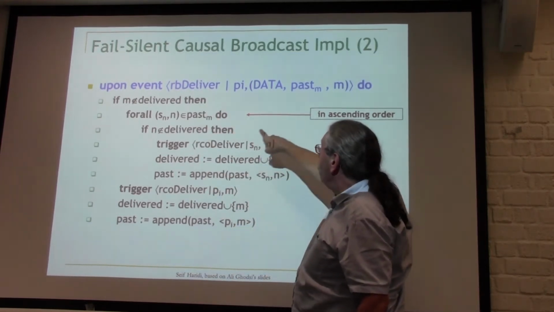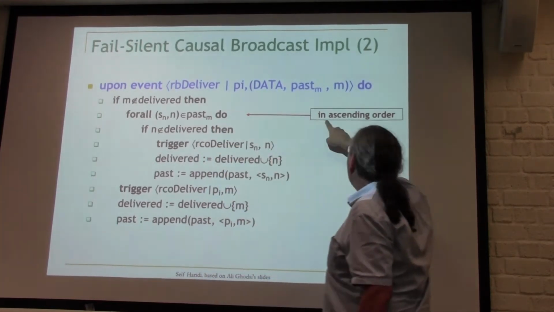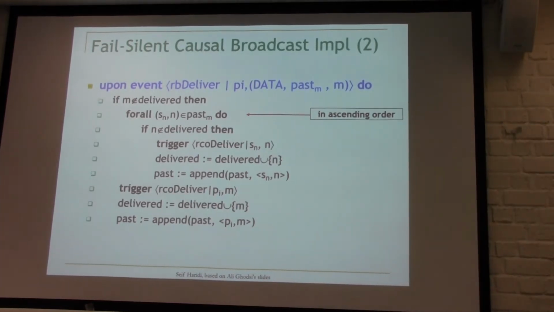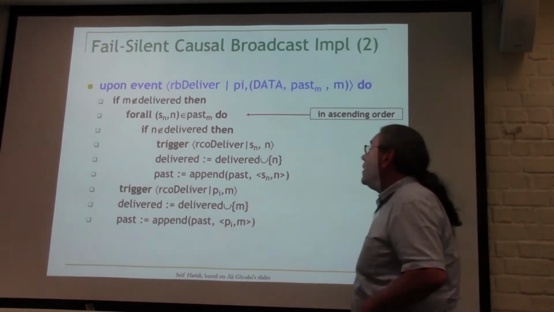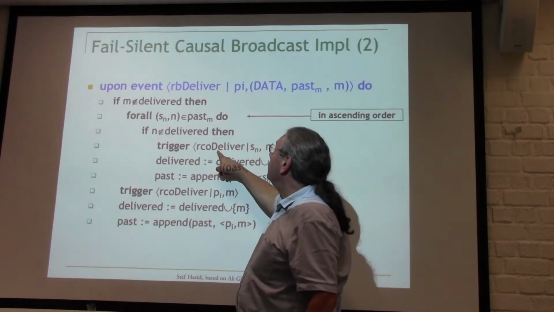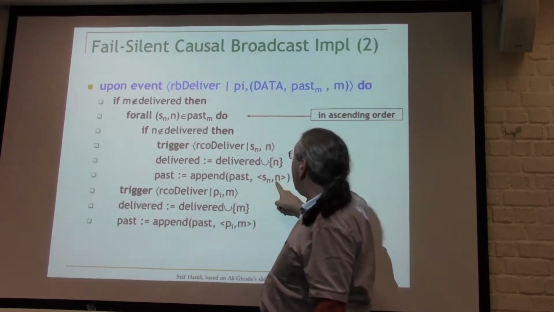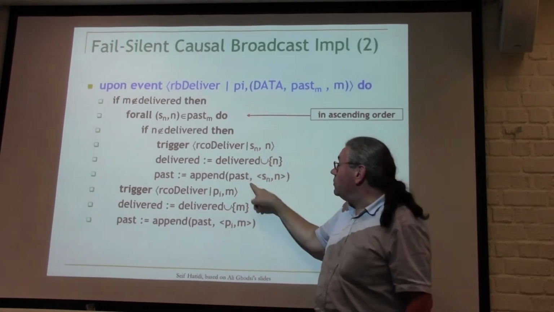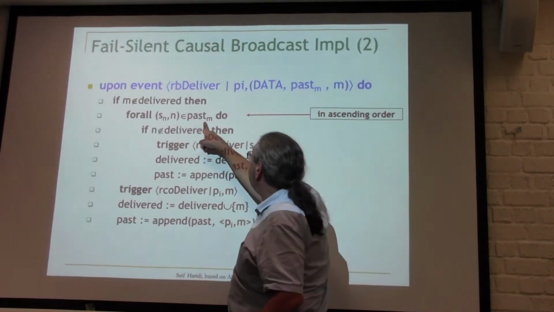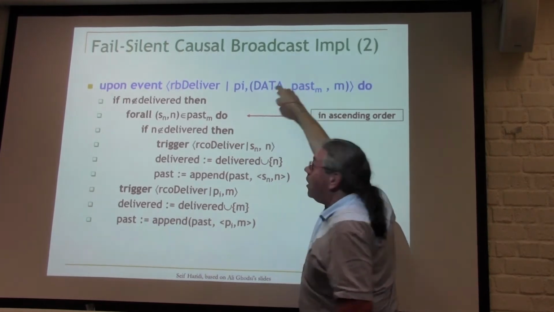And then I do a for loop for all messages in the past list, of course in ascending order. That means I start with the oldest ones. The order is important. If N is not delivered yet, then I RCO deliver it, and I add it to the delivered set, and I add it to the past. Every RCO deliver is added to the past. Notice this past M here is the past coming in.